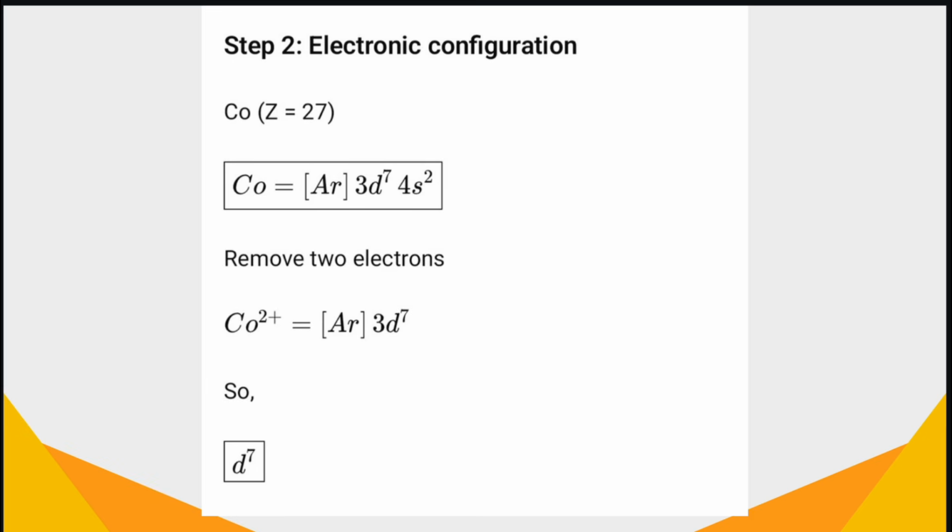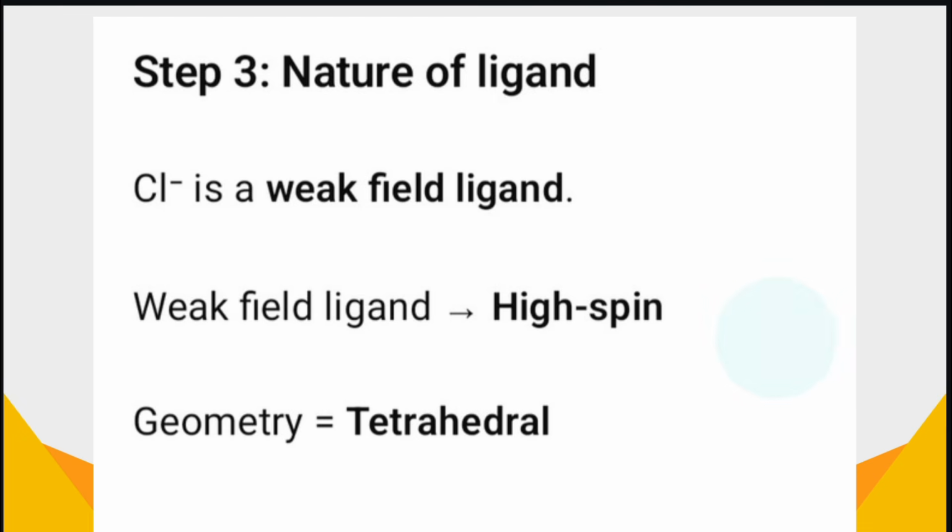Here we remove 2 electrons, so we get a d7 configuration. Now we'll see the nature of the ligand. Here the ligand is Cl. Cl minus is a weak field ligand. Weak field ligands give rise to high spin complexes. So the geometry is tetrahedral here.